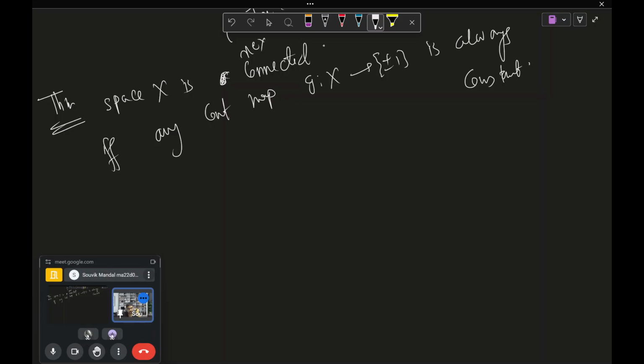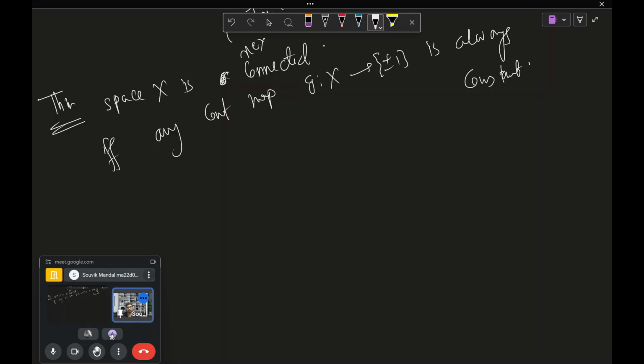This direction, can you please prove? The forward direction is pretty obvious. Yes, that's correct. So that's good.